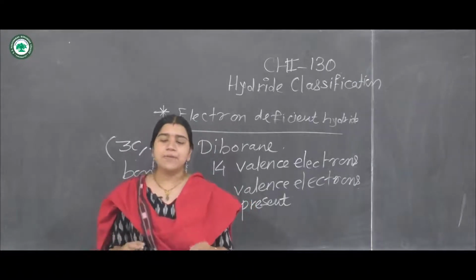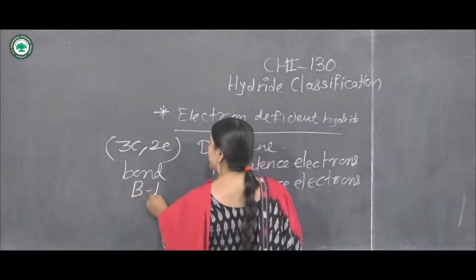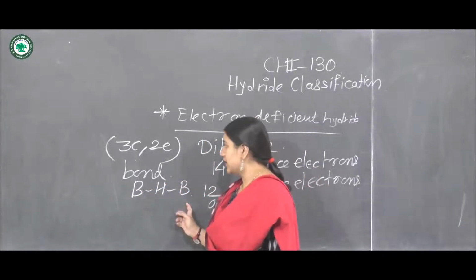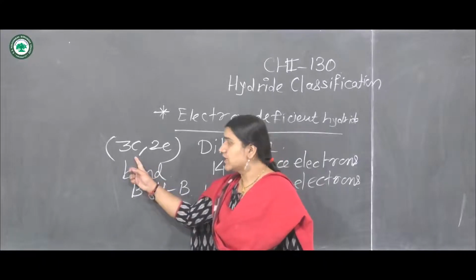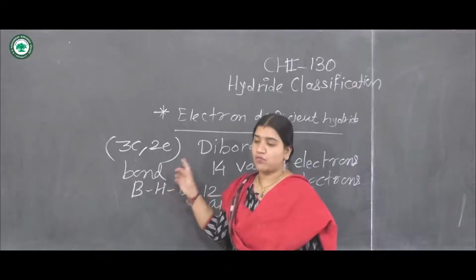And this BHB bond linkage present in diborane represents the 3 center and 2 electron bond, that is the 3C2E bond.